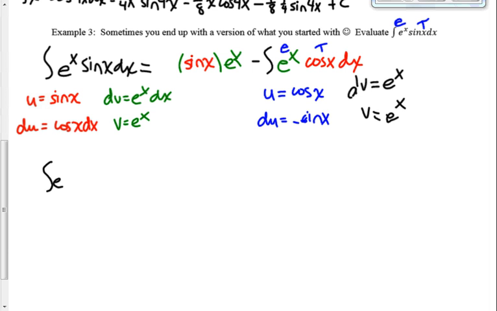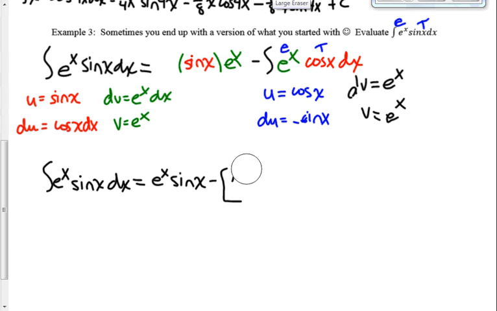I started with the integral of e to the x sine of x dx. And that is equal to, I'm going to put the e to the x in the front, e to the x times sine of x minus this whole integration by parts.